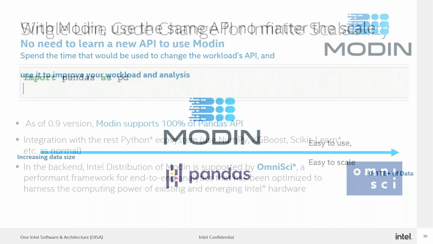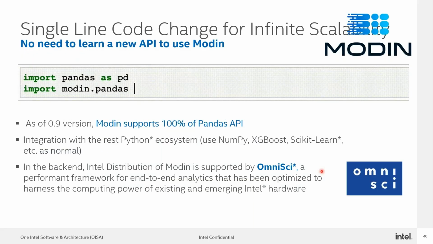So this is what we do in Modin. Originally, we use import pandas as pd to use the pandas API to do the data loading. But if we have Modin, then we can change this line into import modin.pandas as pd. So we just replace the backend of pandas with Modin.